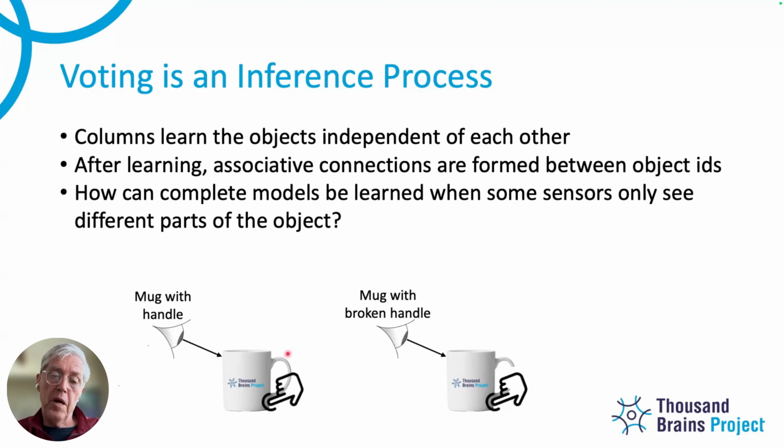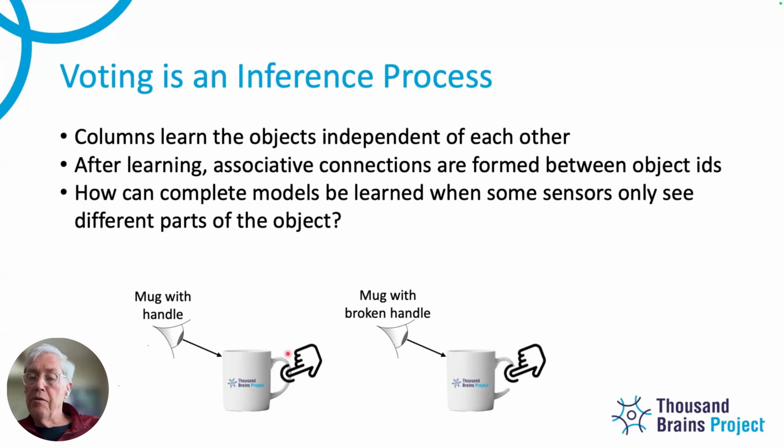It's a weird case, but it would be theoretically possible that the vision system doesn't form models, it doesn't know about the handle for some reason, and the tactile system does know about the handle. And so that can still vote, because you still associate the visual model with the somatosensory model. Those models don't have all the same features.